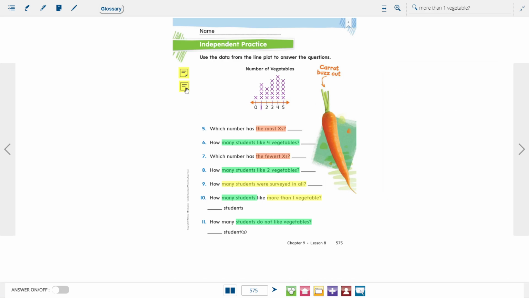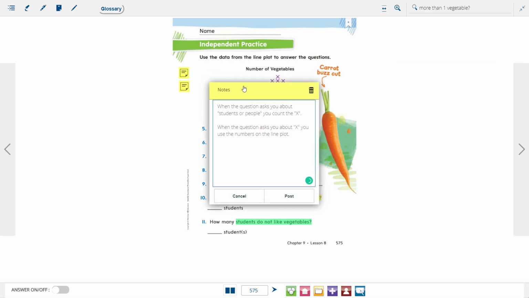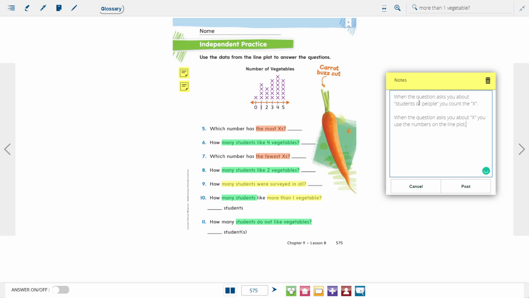Now, the other note is very important. Let me open it. When the question asks you about students or people, you count the X's. What does that mean? I will explain to you. Just let me read the note. When the question asks you about the X, use the number on the line plot.